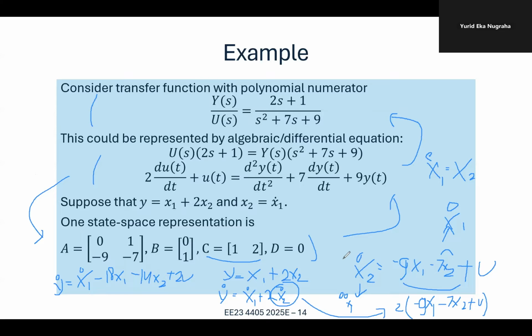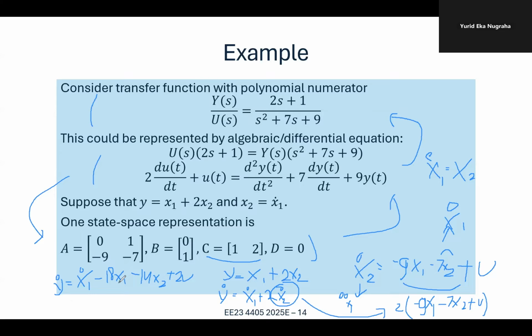And from here, we can get that u here is minus 9 x1 minus 7, sorry, u is x2 dot plus 9 x1 plus 7 x2.